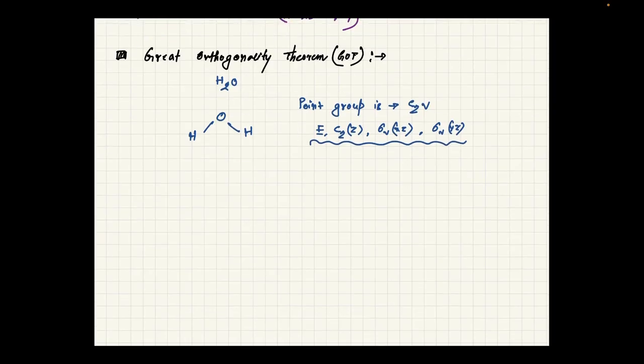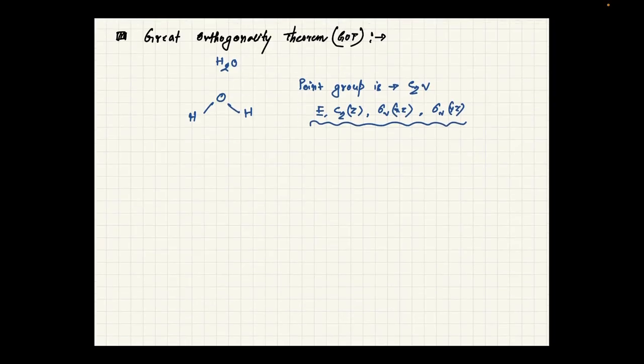So the character table will be, let's say, this is C2v. Then you have to write down the symmetry elements E, C2z, sigma v xz, and sigma v yz, right? Now here you have to write the 4 different representations.